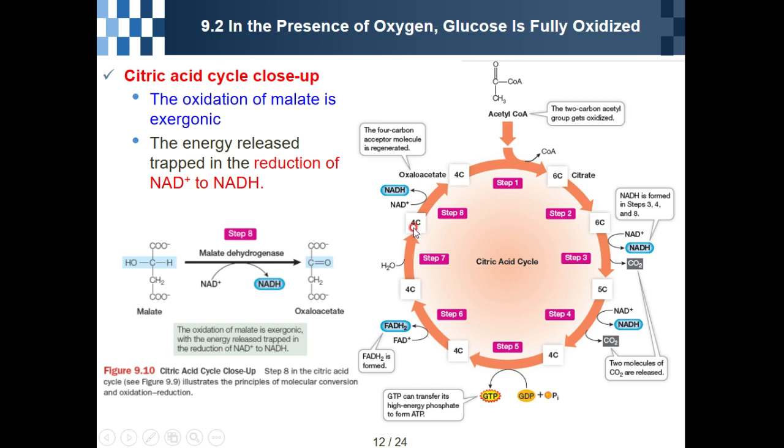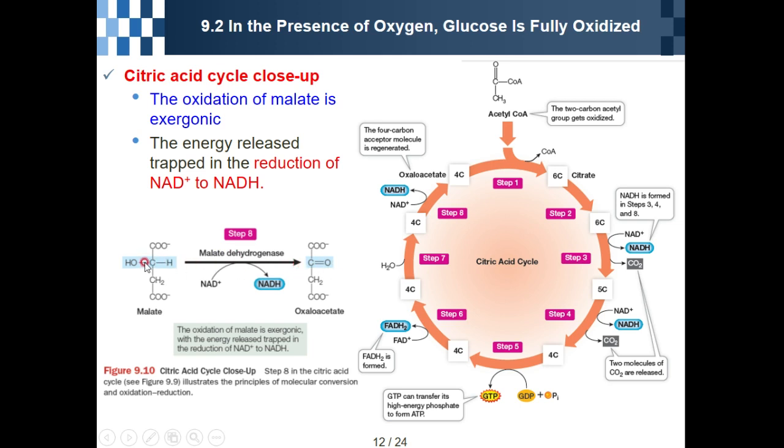This is 4 carbon, which we call malate, 1, 2, 3, 4 carbon. This one will change to oxaloacetate. This status is further oxidized, so this OH is changed like this.